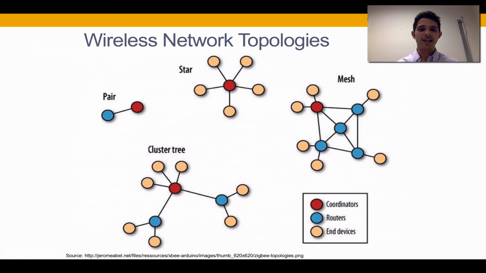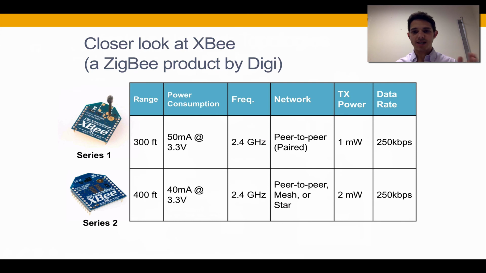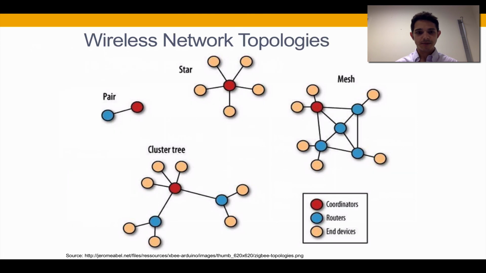So if you have a sensor network, which is really just comprised of a pair of wireless devices, then Series 1 is great for your purpose. You can pair up those devices, and that's essentially what you're doing in Part 2 of Lab 1. However, if you have a more sophisticated, larger wireless sensor network, they may have a more complex topology.